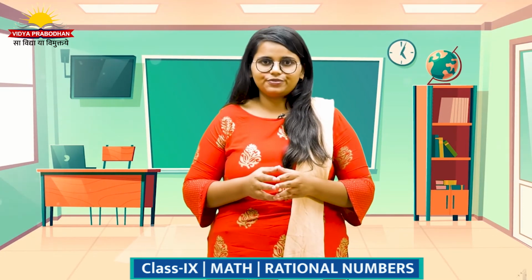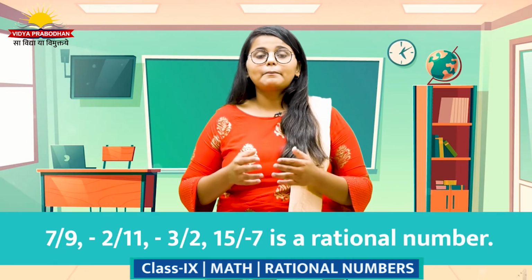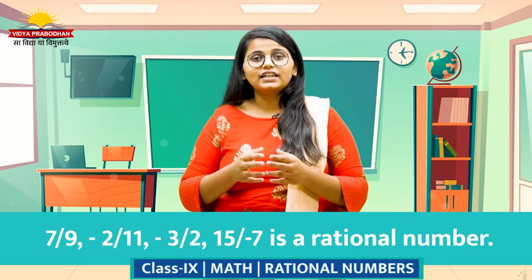In other words, a rational number is any number that can be expressed as the quotient of two integers with a condition that the divisor is not 0. Each of the numbers 7 by 9, -2 by 11, -3 by 2, 15 by -7 is a rational number. It should be noted that every integer is a rational number.